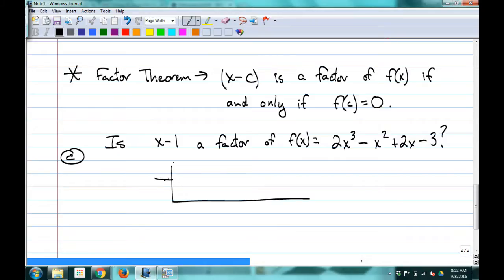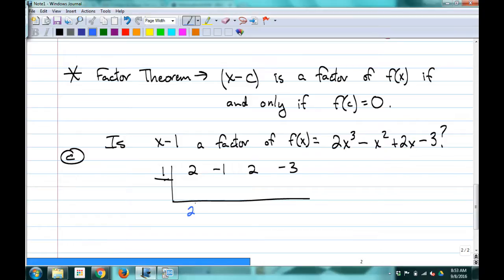What's going to go on my shelf? Positive 1 or negative 1? Positive 1. And then I have my coefficients next. Make sure you have a power for each representative of x. So 2, negative 1, 2, and negative 3. So there's cube, squared, plain, no x's. And then run your synthetic division through there.